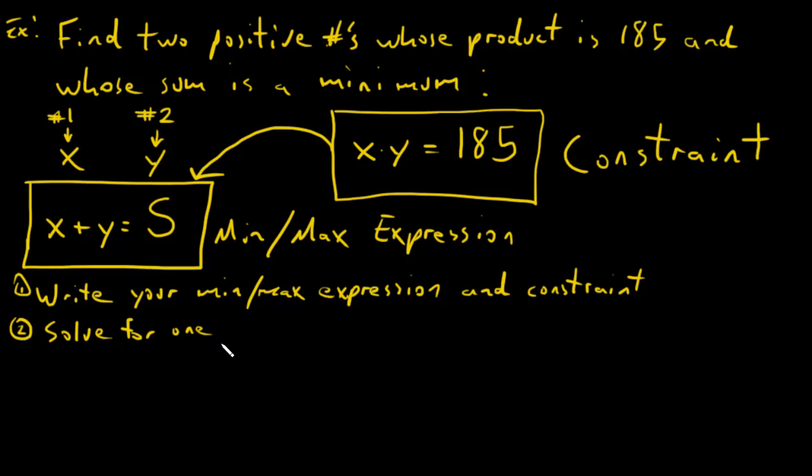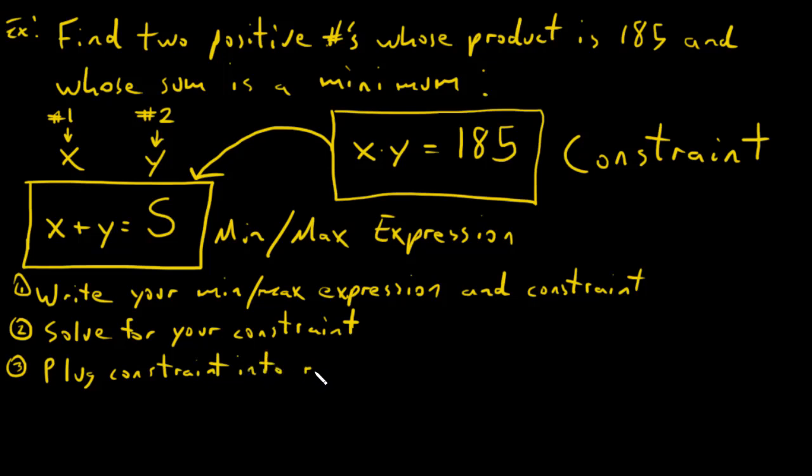I'm just not going to say 1 because we're not going to be limited to that in the future. Solve for your constraint in some way. You'll see later on. And then plug the constraint into your min-max expression.